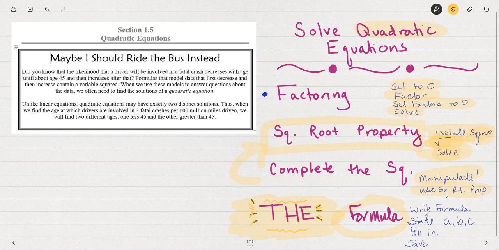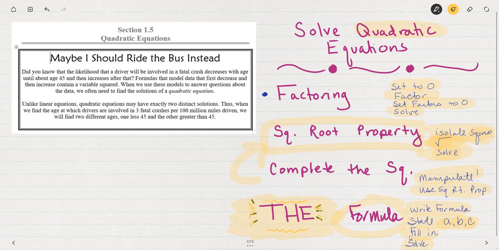But as we get started, here's what I'll ask you to do when we're using the formula. I'm going to ask you to state the formula, x equals, and so on, right? And then I'm going to ask you to state what a, b, and c are. Fill in the values we have for a, b, and c, and then solve.